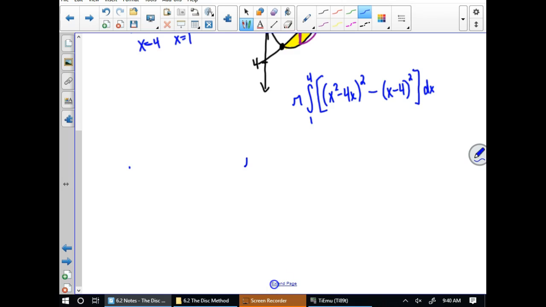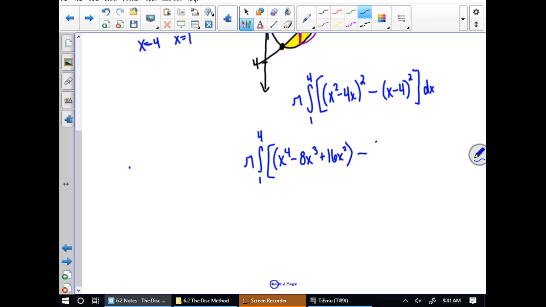I do want you guys on the homework to be multiplying this out, because I'm afraid you're going to get some of these that are going to be calculator inactive. And this, although it's something that we do a lot earlier, it's something kids mess up a lot of times. So if we square this, we'll have x to the fourth minus 8x to the third plus 16x squared.